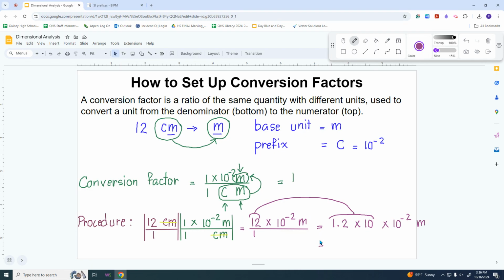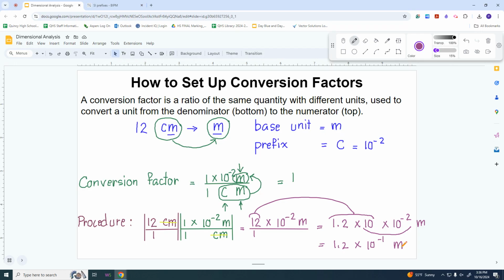So now you have the front number 1.2. Now 10 times 10 to the negative 2. When you multiply scientific notation, the exponents add together. So positive 1 and negative 2 is going to be 10 to the negative 1, okay? Unit meter.